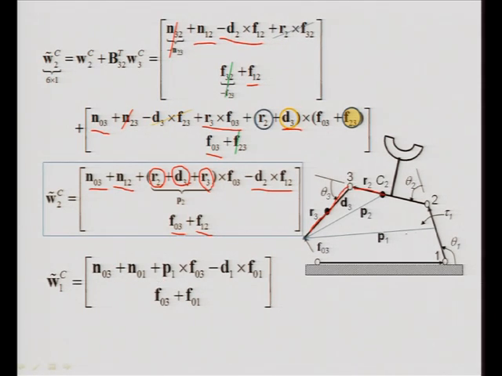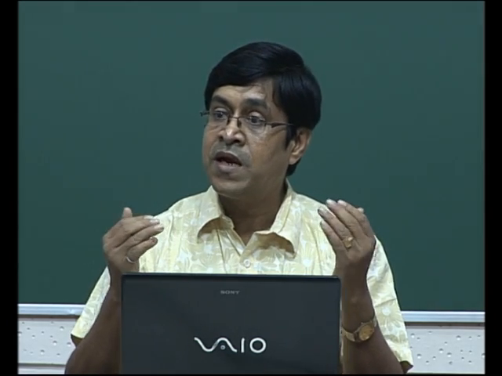Now, P 1 from the mass center of the first body to the tip. So, P 1 cross F 03 minus D 1 cross F 03 and so on. Now, an interesting point to note here is that F 23, F 12, which are the reactions from the interlink interactions which are getting coupled, are cancelling out, which we have seen in the case of our serial link system as well.